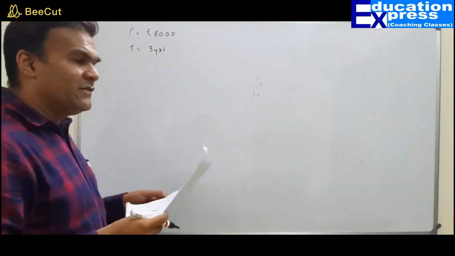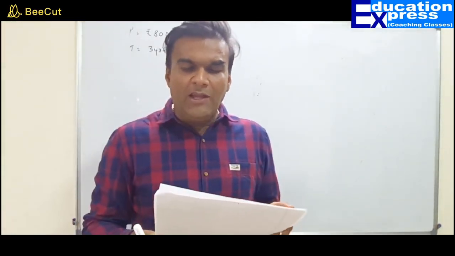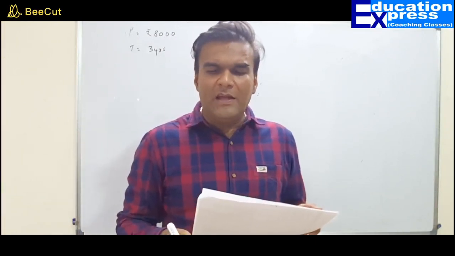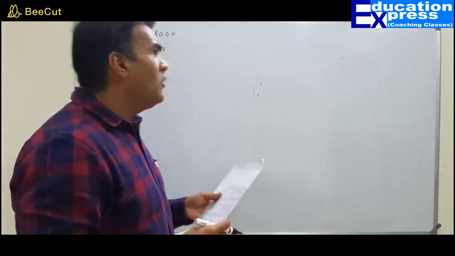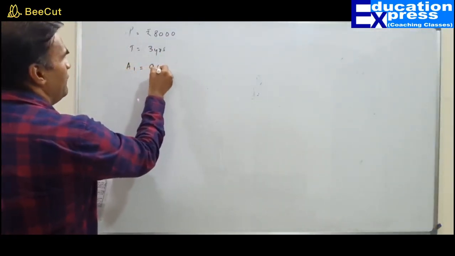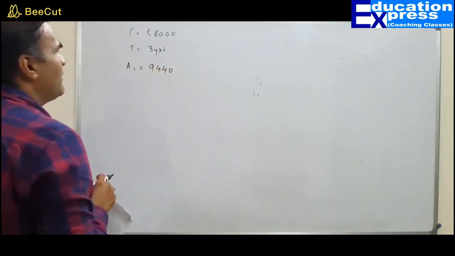This information is given to us in the question. Compounded annually. At the end of 1 year, it amounts to rupees 9440. It is a very, very simple question.